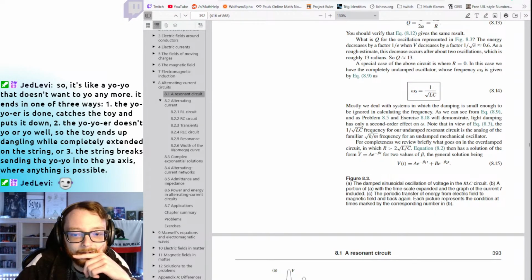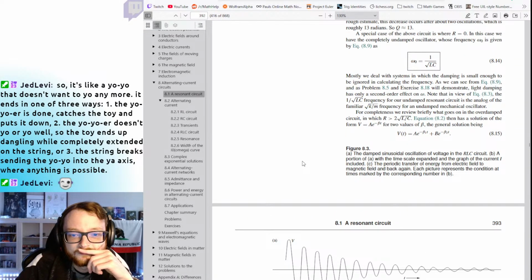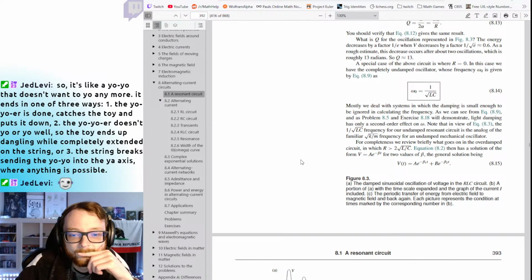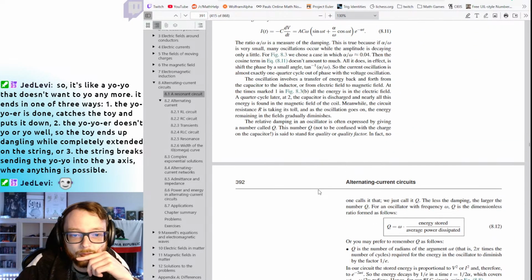Oh, wait, no, it's because it goes away in this case, maybe. Is it? R, we have to assume R is greater than 2 root L over C.